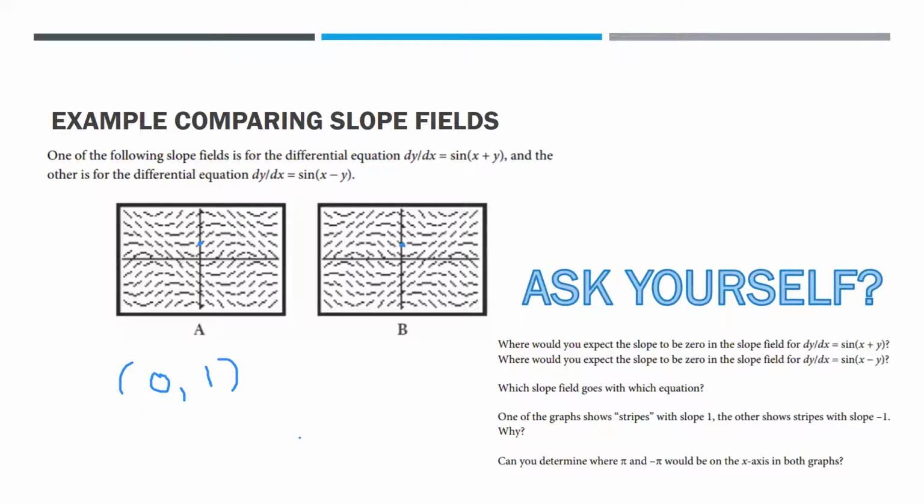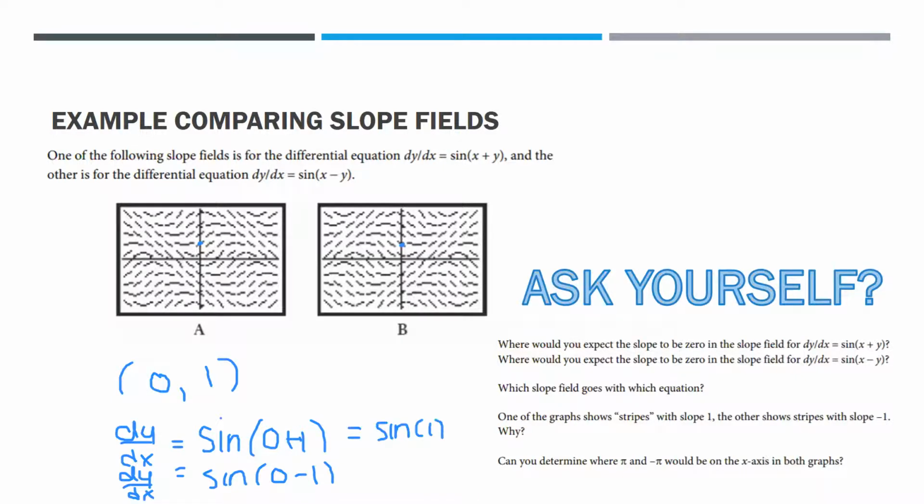And I know that I'm either looking for a negative slope or a positive slope. So dy dx equals the sine of 0 plus 1. And dy dx equals the sine of 0 minus 1. So you get sine 1, and we get sine negative 1.